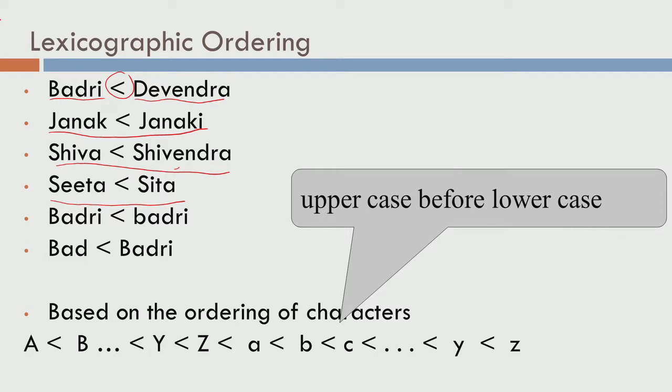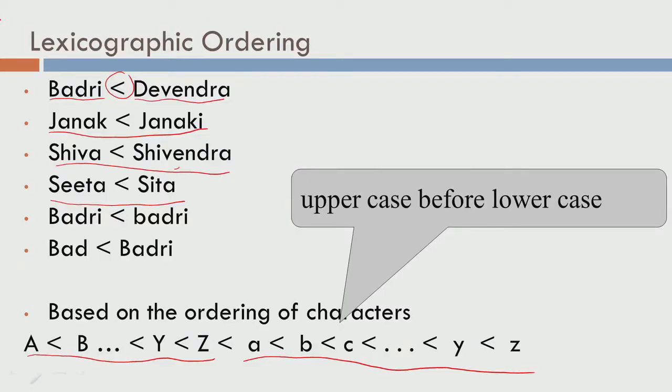Then there is something peculiar about characters and languages. One thing that is true in machines is that all the uppercase letters in alphabetical order appear before all the lowercase letters. This is a property of how the machine treats various characters. All the uppercase letters are lesser than all the lowercase letters, and within the uppercase letters A is less than B and so on up to Z, and within the lowercase letters a is lesser than b and so on up to z.